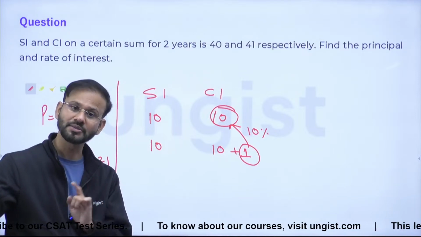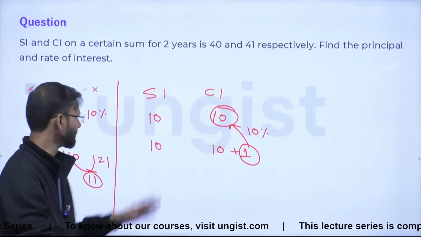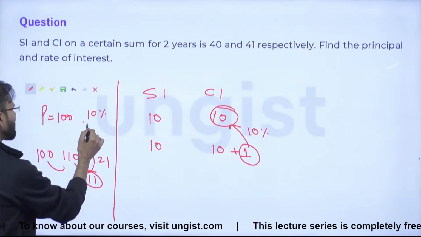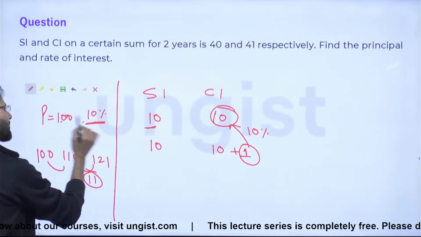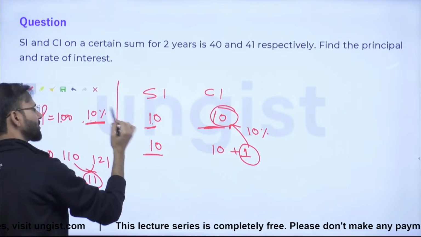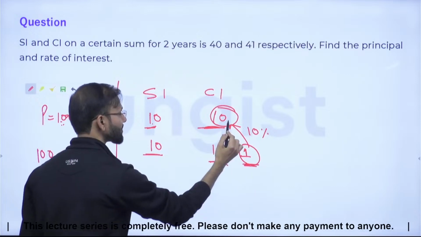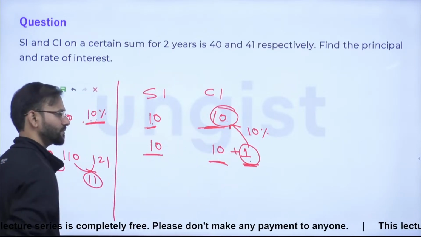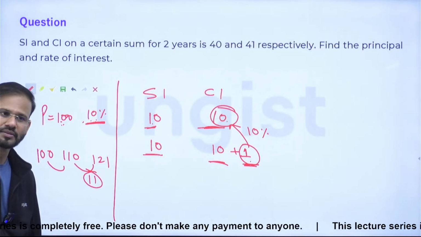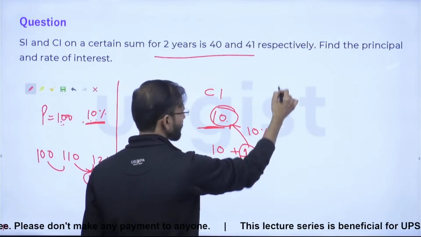You might have heard this term, interest on interest. So this 10 is 10% of this, and this 10 is also 10% of this. But this 1 is 10% of this, and this is added here. Getting it, everyone? Right?